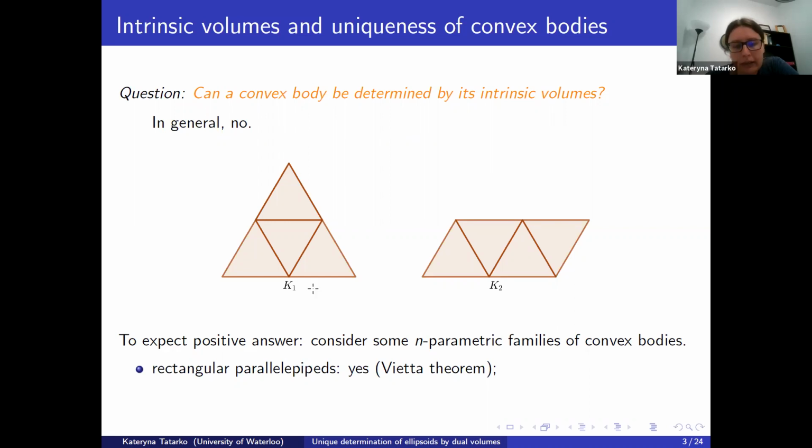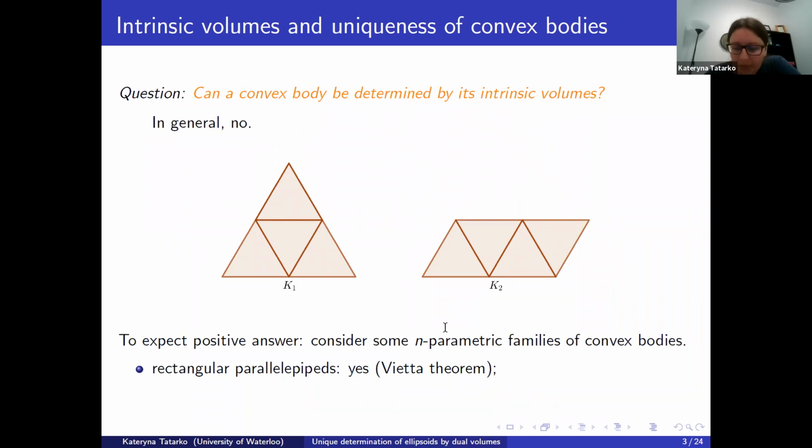Then I can take these intrinsic volumes and consider the corresponding polynomial where these intrinsic volumes are coefficients. By Vieta's theorem, I can conclude that I can determine the side lengths uniquely from this polynomial. The side lengths will be just roots of this polynomial. So indeed, rectangular parallelepipeds are determined by the corresponding intrinsic volumes.